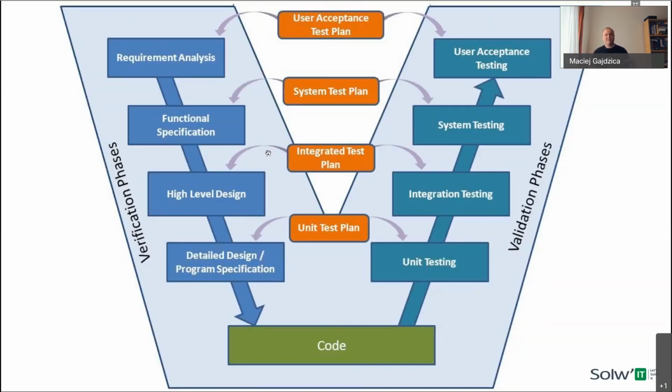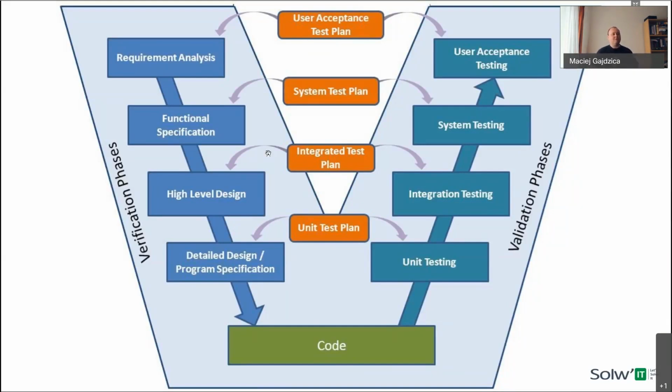Okay, now let's talk about some formal requirements and some documentation. What you can see here is the project workflow for safety critical systems called the V-model. And as you can see, it's very detailed, very formal. We have a lot of different phases.